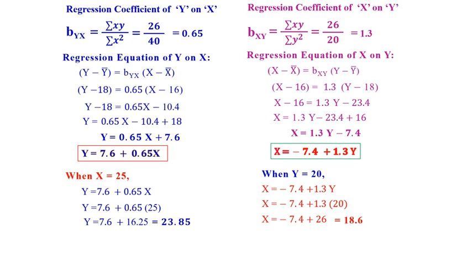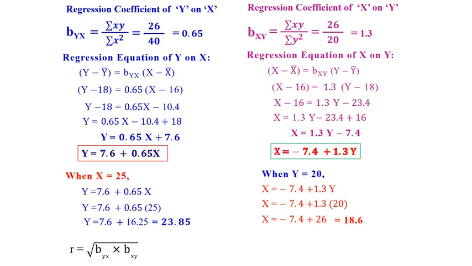One more thing is left out. We are asked to compute the correlation coefficient using regression coefficients. So that will be done like this. R, the correlation coefficient, equals the square root of byx into bxy, the geometric mean between regression coefficients. So byx as computed above is 0.65 and bxy as computed above is 1.3.